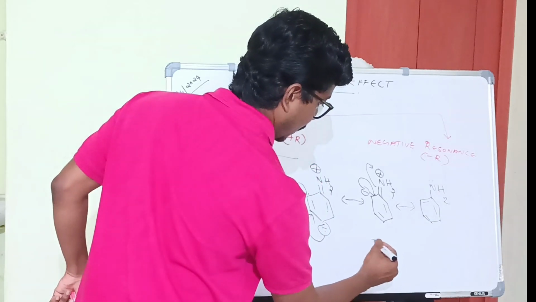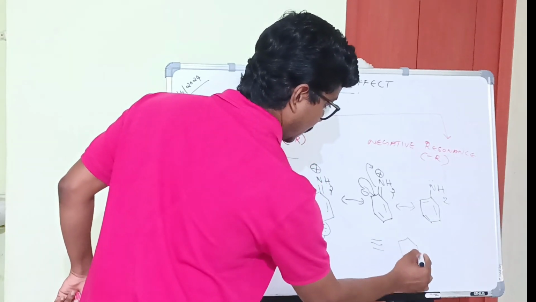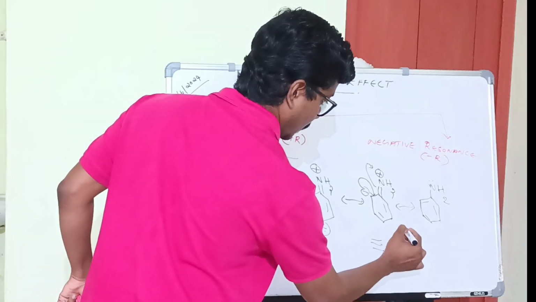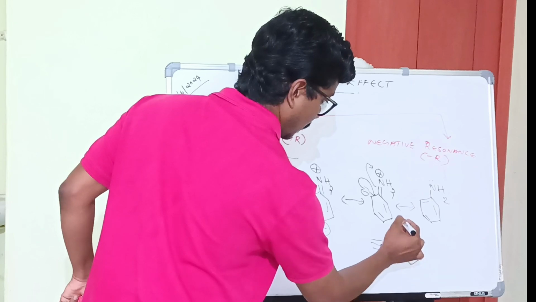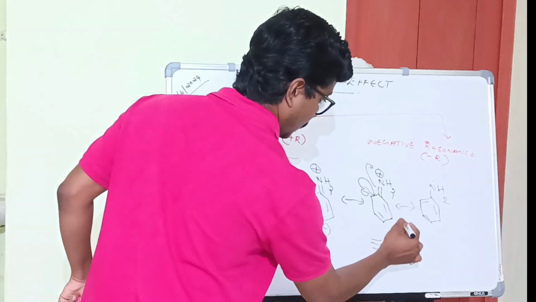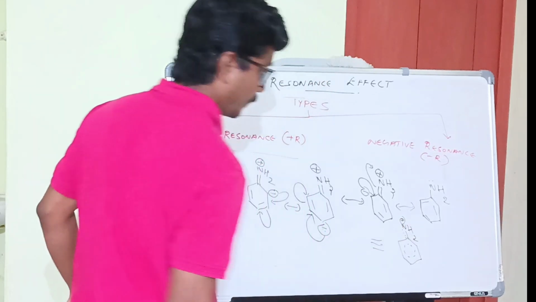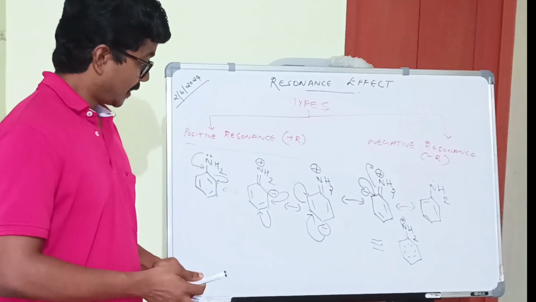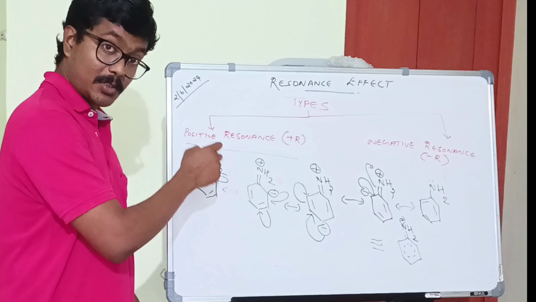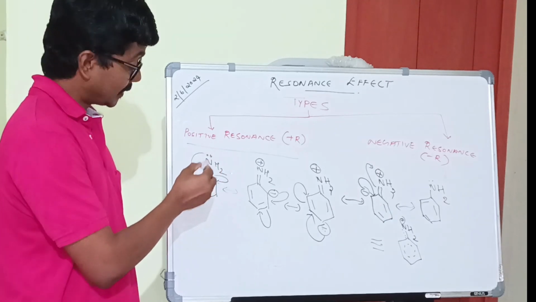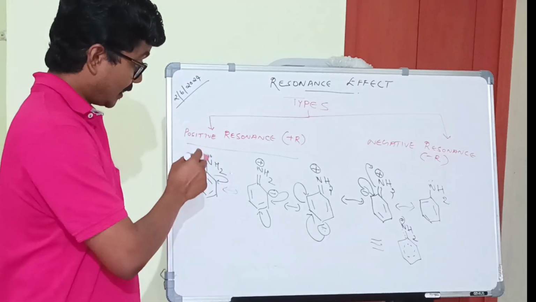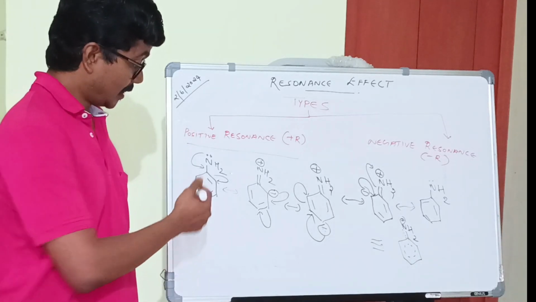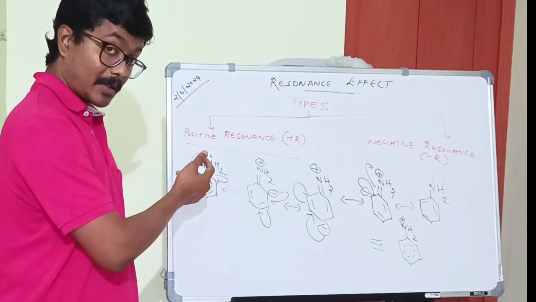And the hybrid structure will be drawn. So when a substituent group, the amino group, is attached to a benzene ring, and the substituent is carrying a lone pair of electrons or an odd electron, what is going to happen?